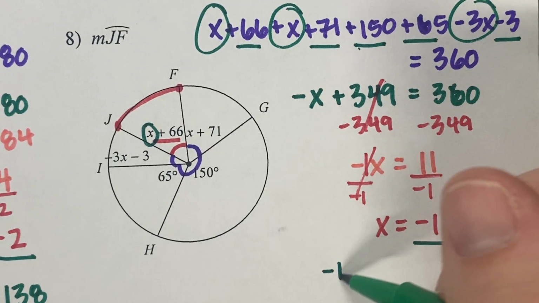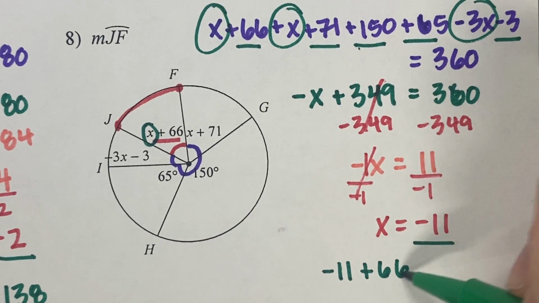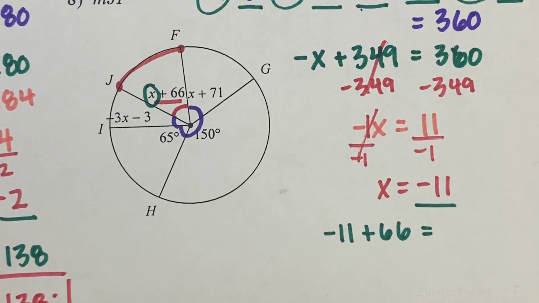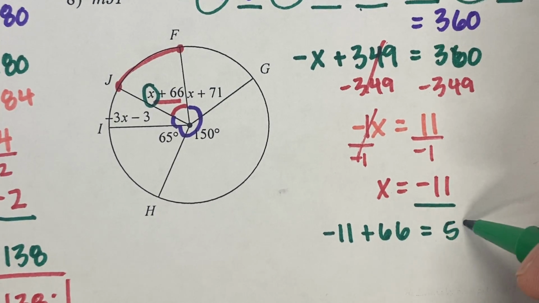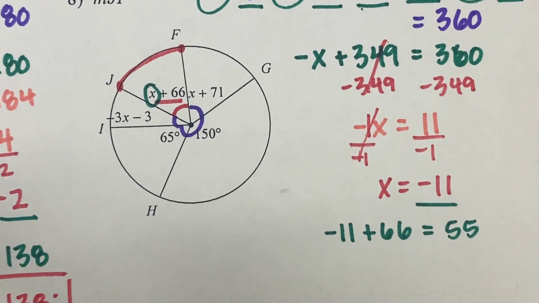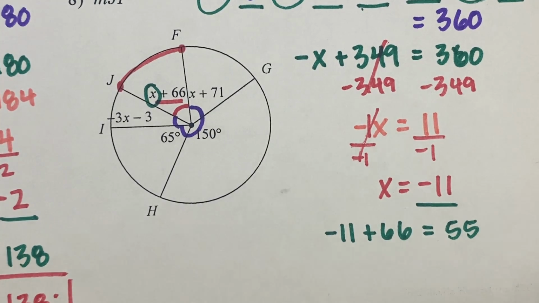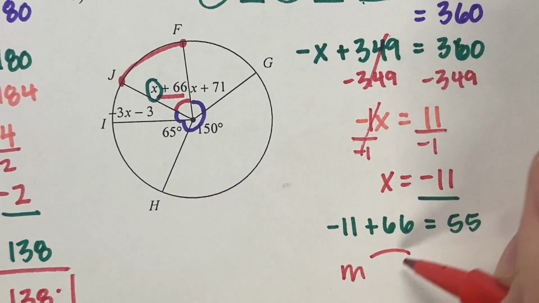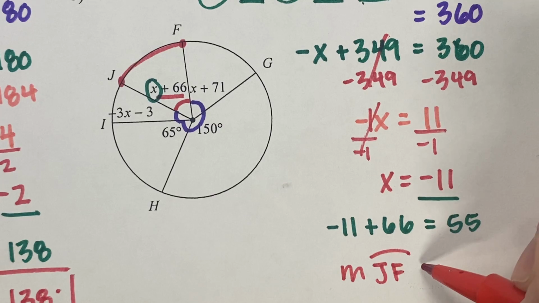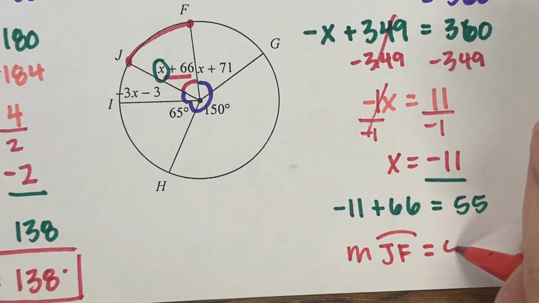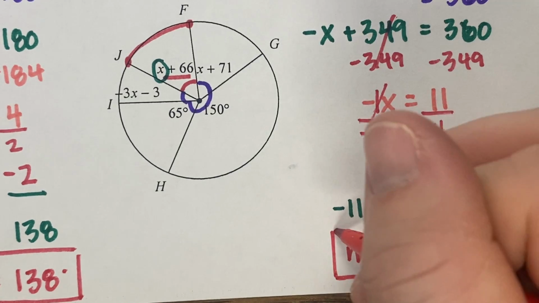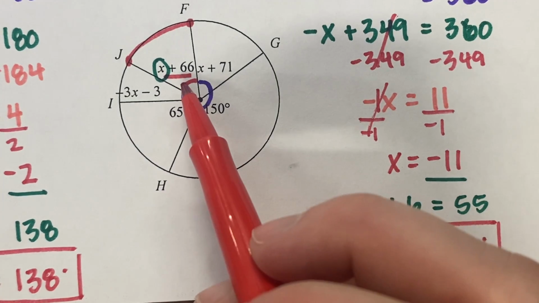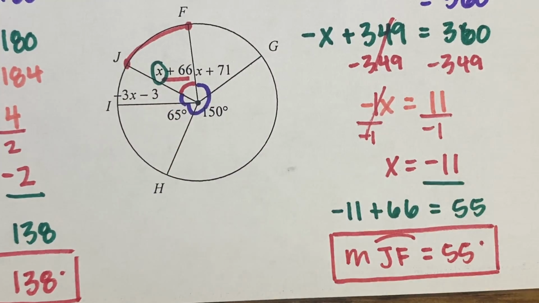So now I have negative 11 plus 66 equals 55. Okay, so we know now that the measure of arc JF is equal to 55 degrees, since it's the same measurement as its central angle.